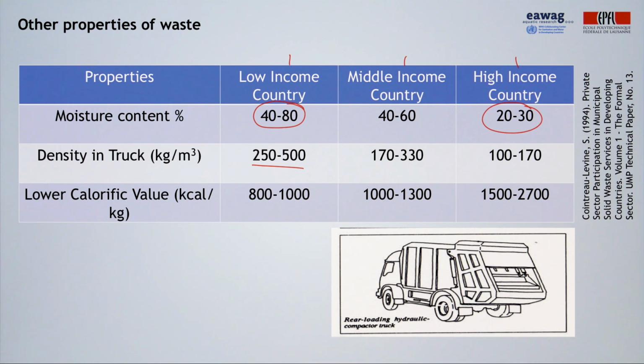So why is this important? Let's focus on density. If we use such compactor trucks, as is shown here, these compactor trucks compact the waste up to a specification of 500 kilograms per cubic meter.